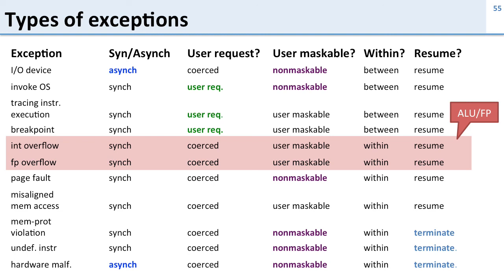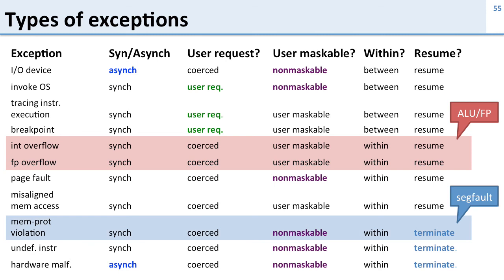They're coerced. That is, the user doesn't ask for them, they just happen because you're using the hardware. The user generally can turn them off. So if the user doesn't care about overflow, the program can say, don't tell me when the overflows happen. And you can resume from these. So if you have an overflow, the operating system or the program can go and figure out where the overflow happened and try and clean it up.